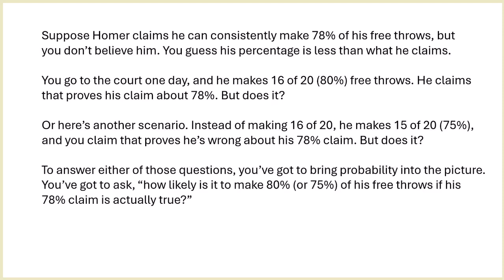And why not? Because to really answer the question, either one of those questions, we've got to say, well, what's the probability of getting those results? Okay, Homer, let's assume that your 78% is right. How likely are you to make 75% of your free throws?